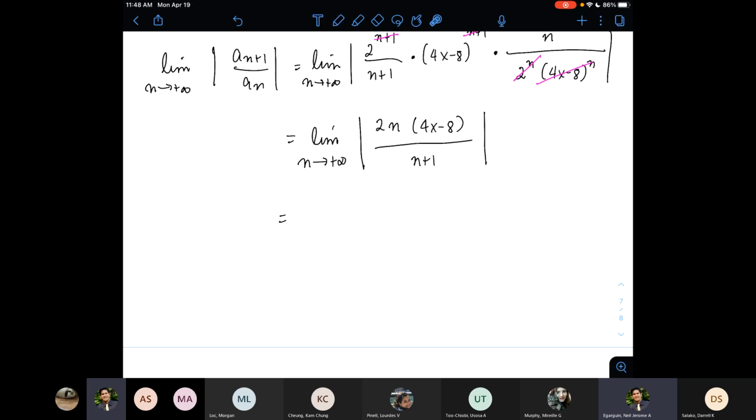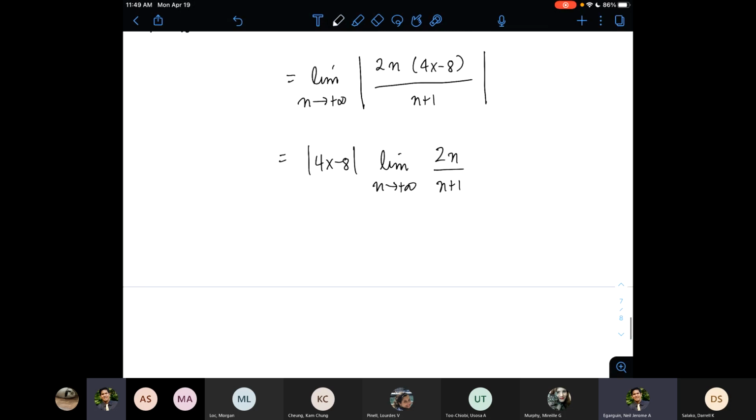But since this factor doesn't have an n in it, it can go out of the limit. So I'll have the absolute value of 4x minus 8. Don't forget the absolute value, enclosing 4x minus 8. And we'll have the limit of 2n over n plus 1 as n approaches infinity.